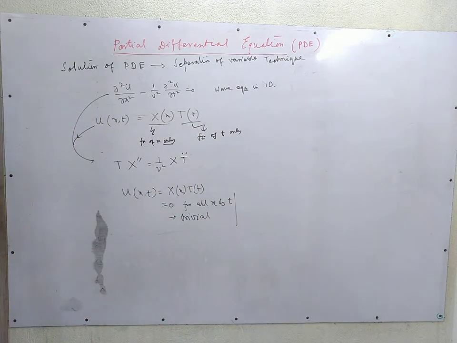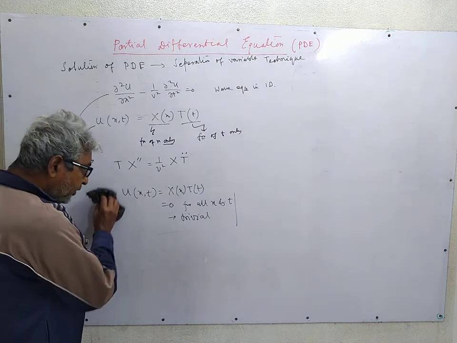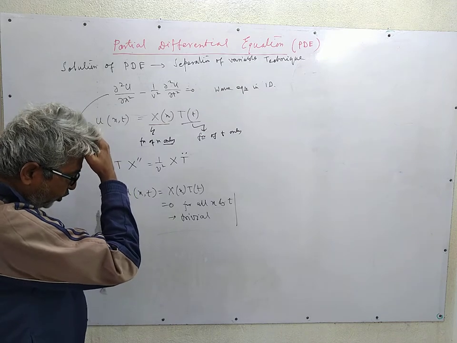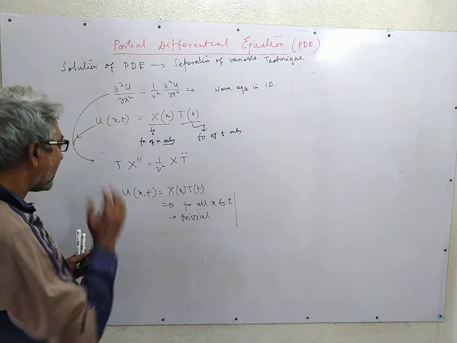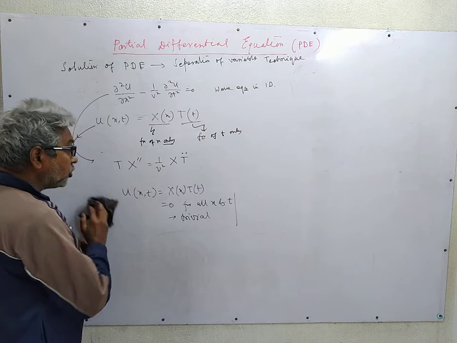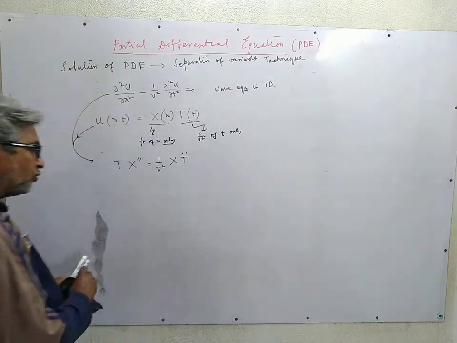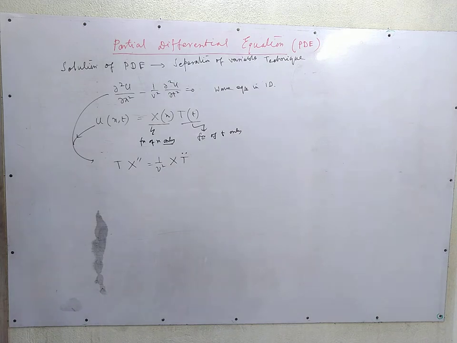Although it is a mathematically acceptable solution, it is not of any interest to physicists, and we want to consider only those solutions which are not identically 0, that is called non-trivial solution. The solution may be 0 for a specific value of x and t, but not 0 identically.